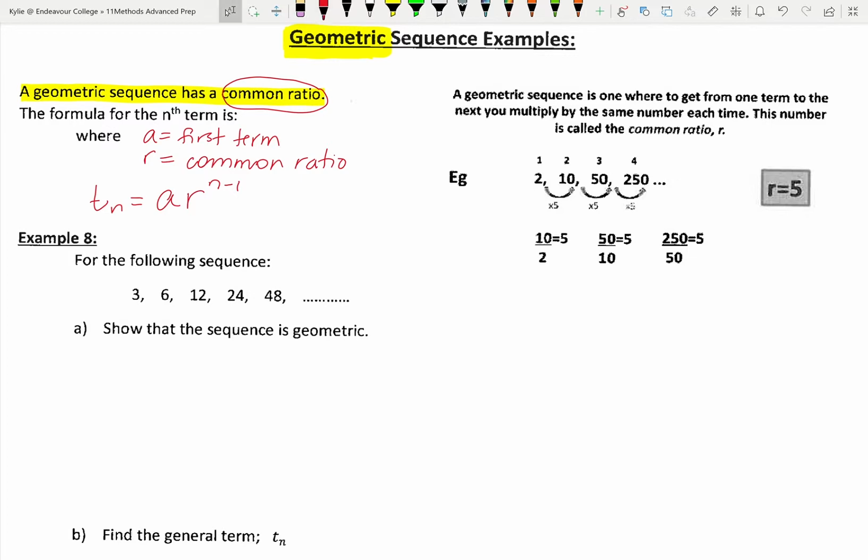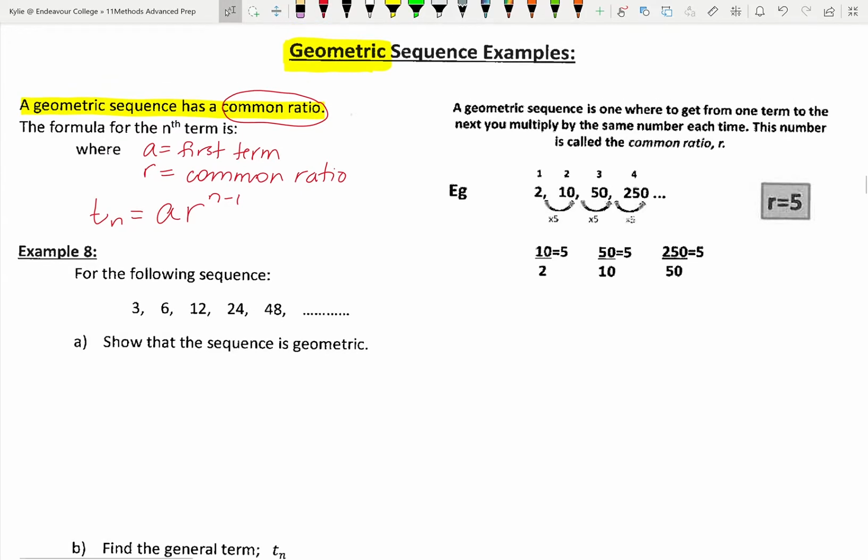Over here we've got a small example and just another description. A geometric sequence is one where to get from one term to the next, you multiply by, notice the emphasis on multiply, the same number each time, and this number is called the common ratio.